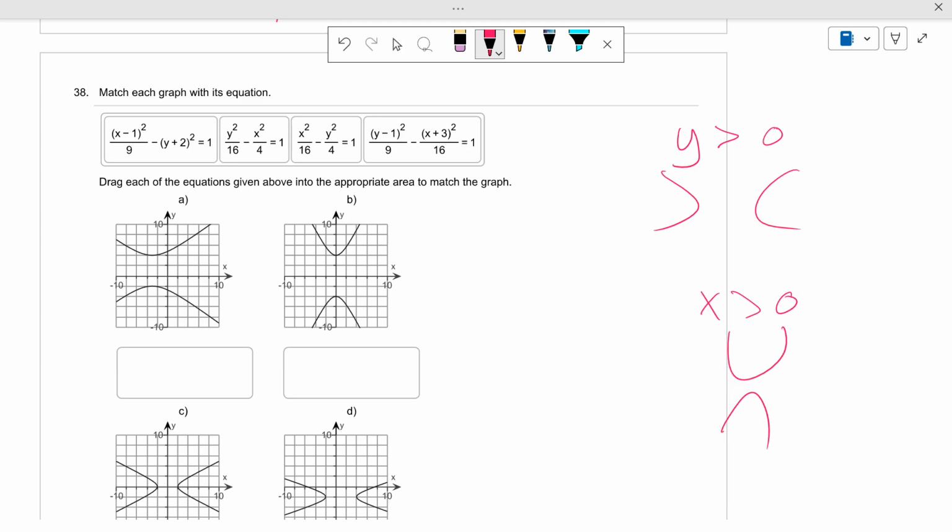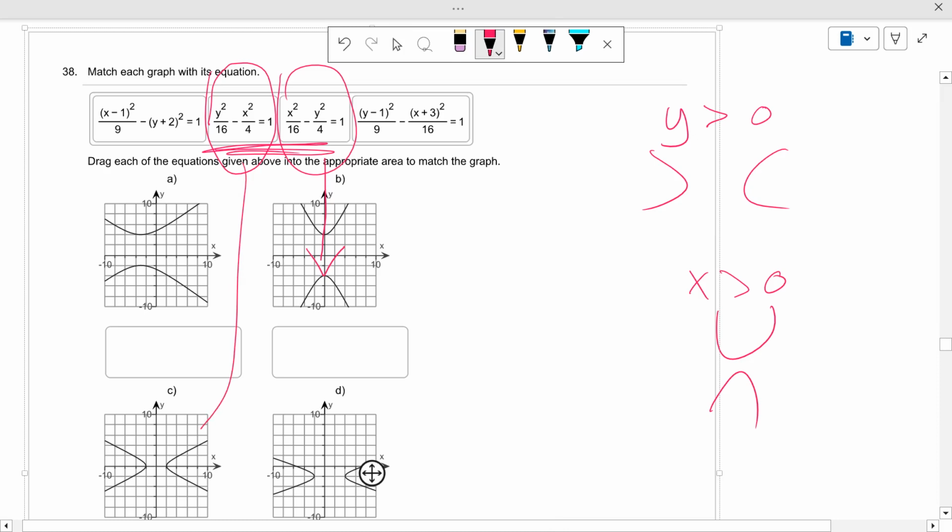Now, these two have a center of what? 0, 0. Okay? So it's an up-down with a center of 0, 0, and x is positive. This one is here. This has a center of 0, 0, and it's a left-right, so this one goes here.